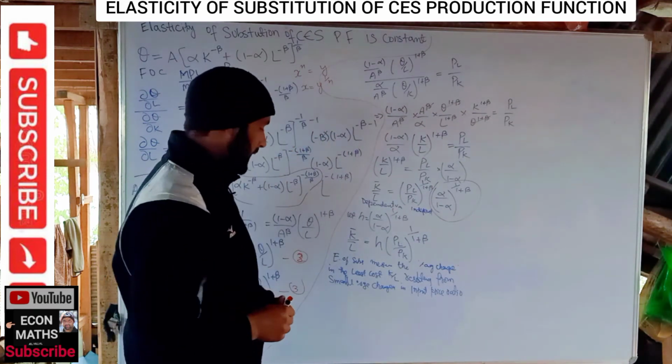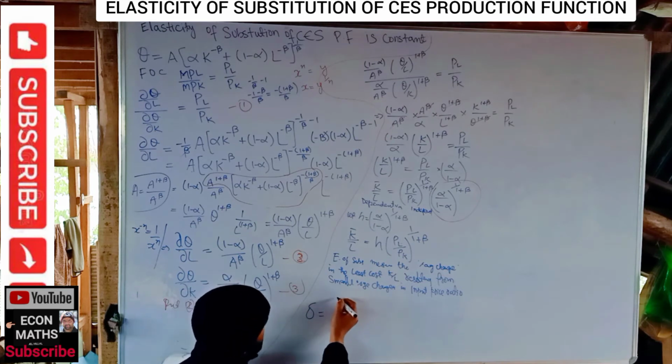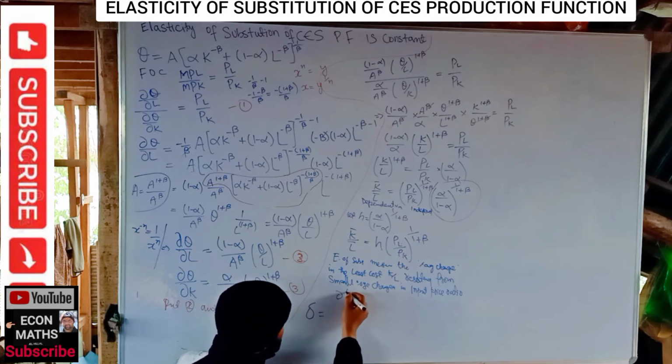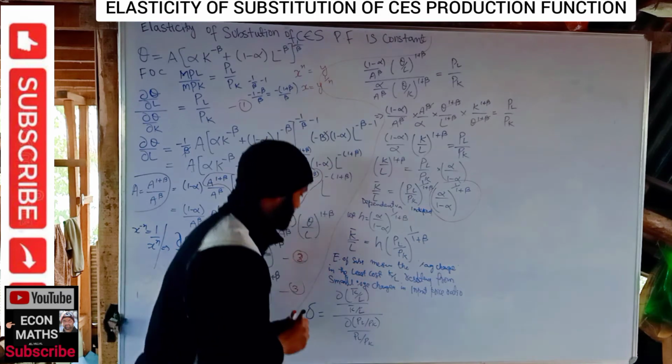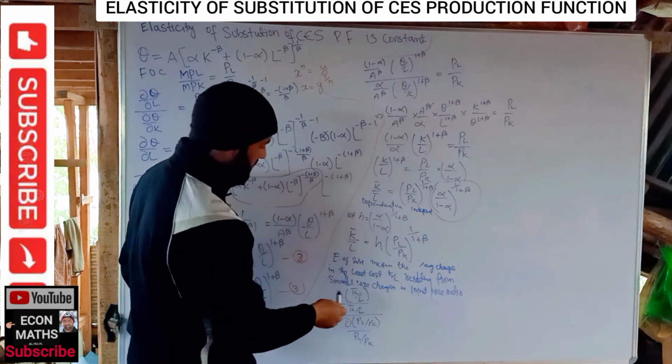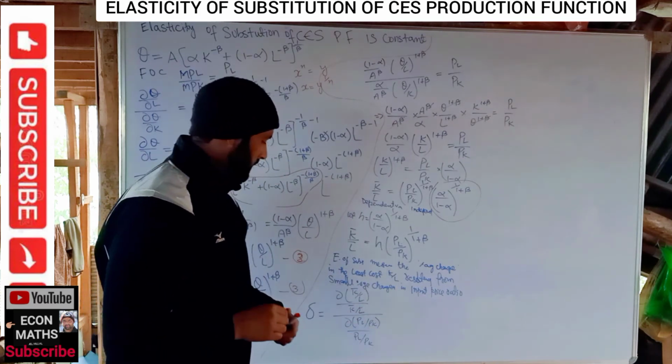That is to say, I will write here elasticity of substitution is equal to d(K by L) divided by K by L, whole divided by d(PL divided by PK) divided by PL divided by PK. This shows the percentage change in the capital labor ratio with a small percentage change in the input price ratios.